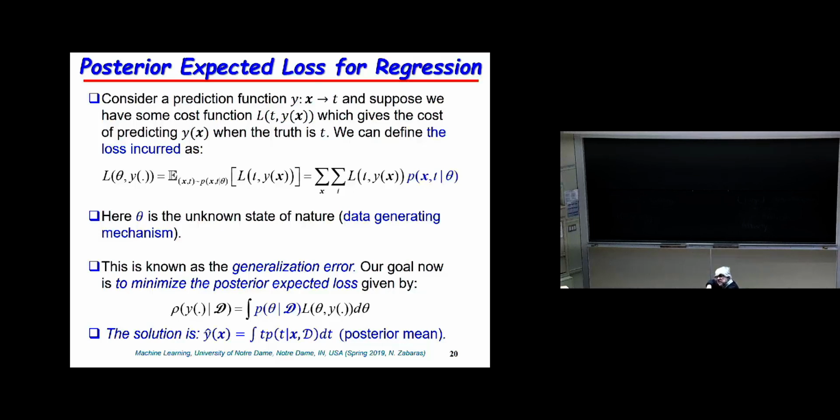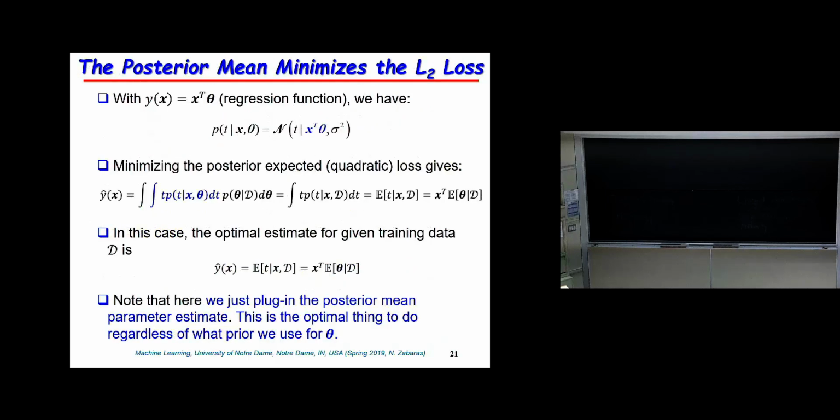And that result is universal, and it doesn't really matter what details you put in your regression model. It doesn't matter what prior you have on theta, or how you do this or that. It's a universal result, an extremely powerful result. So you have your regression function, the one that minimizes the posterior expected loss that we saw.